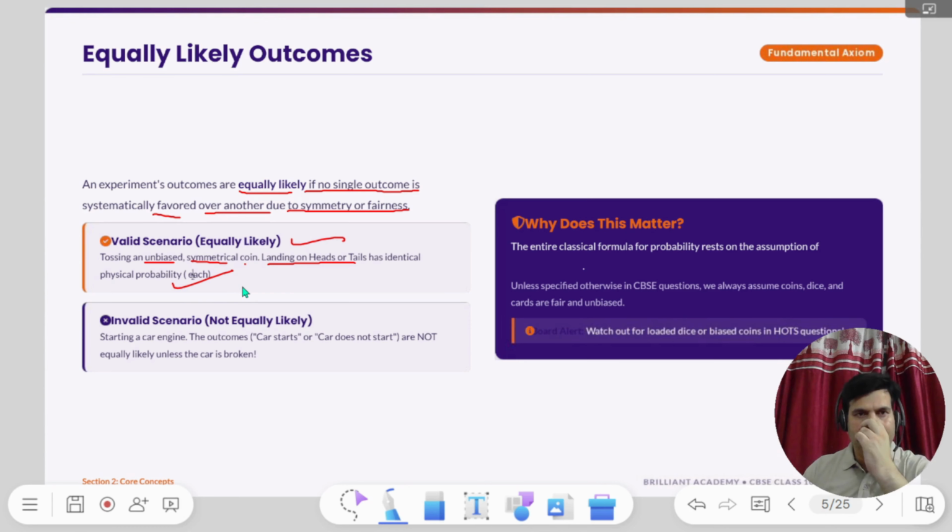So if you toss a coin that is unbiased and it lands head or tail, that is equally likely because their chances are 50%. An invalid scenario is not equally likely: starting a car. The outcomes are car starts, car does not start, which are not equally likely unless the car is broken.